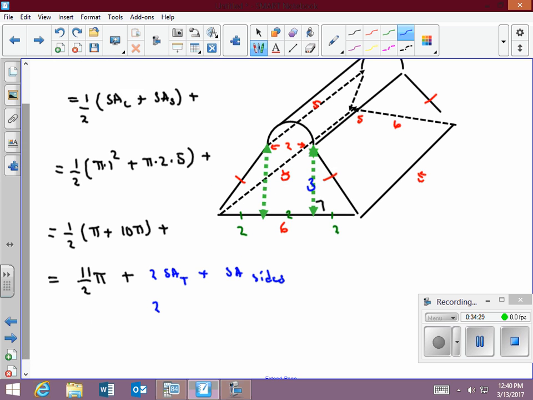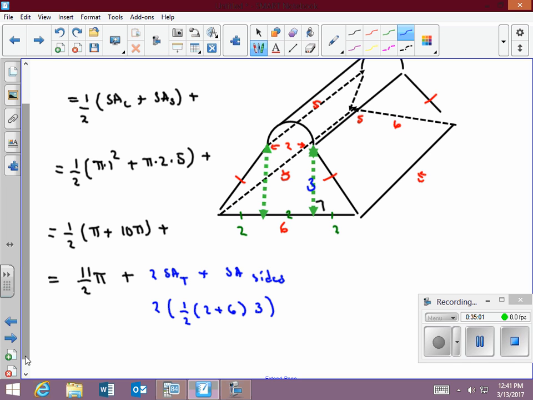Now the surface area of the trapezoid is 1/2 times base 1, which is 2, plus base 2, which is 6, times the height, which is given as 3, right? And we need to calculate this side too, because we'll need it to get the surface area of the sides.